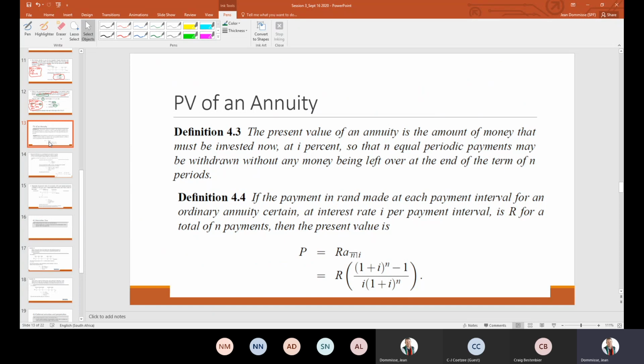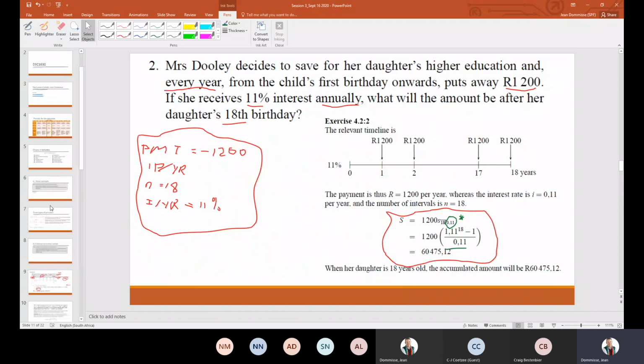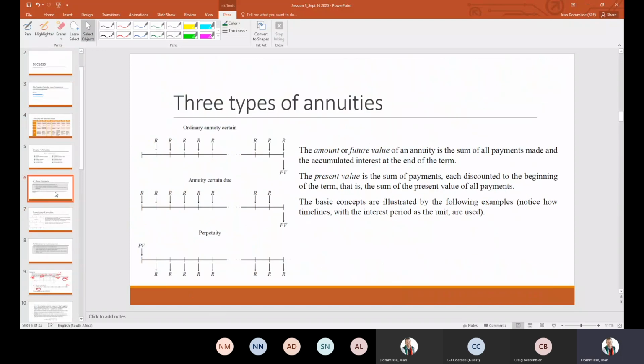The next set of questions will be, we are still working with annuity, but we are working out the present value. So I just want to check where that previous formula was.